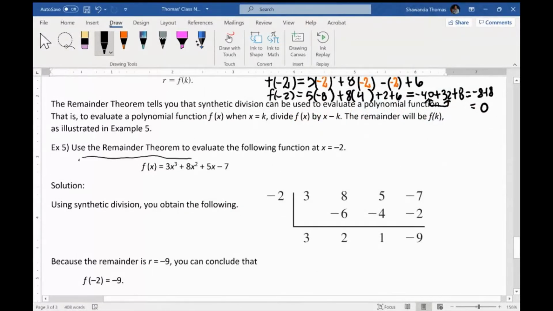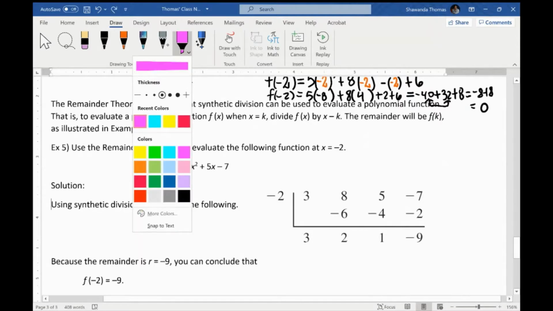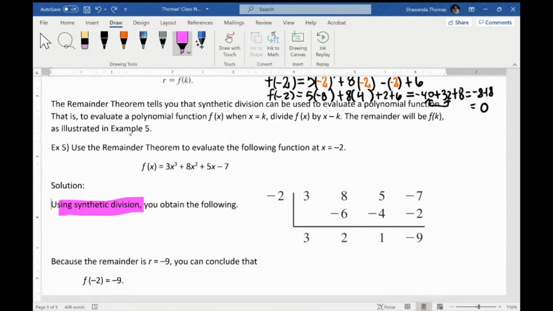Use the remainder theorem to evaluate the following function at x equals -2. All right, notice they use synthetic division. What did the remainder come out to be? -9.